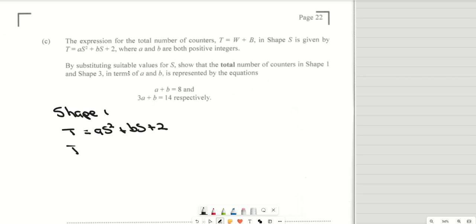So T would be equal to A to the power of, what is S? Shape number is 1, so that's A to the power of 1 squared plus B to the power of 1 plus 2. Thus T is equal to A plus B plus 2.